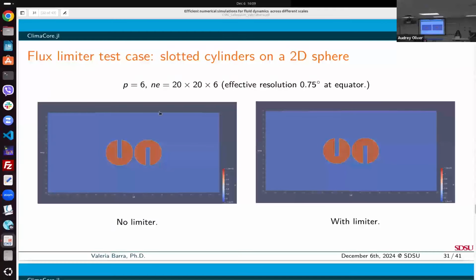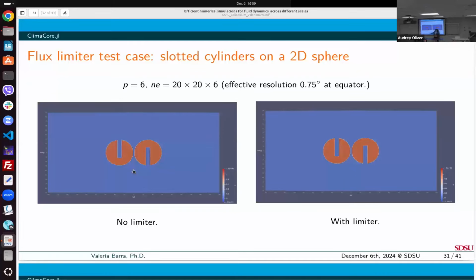Here we see a typical example, P equals 6. We have a sixth-order discretization, 20 by 20 by 6 elements, with an effective resolution of 0.75 degrees at the equator. A typical example that challenges your solver is the slotted cylinder case, because of the very sharp features.